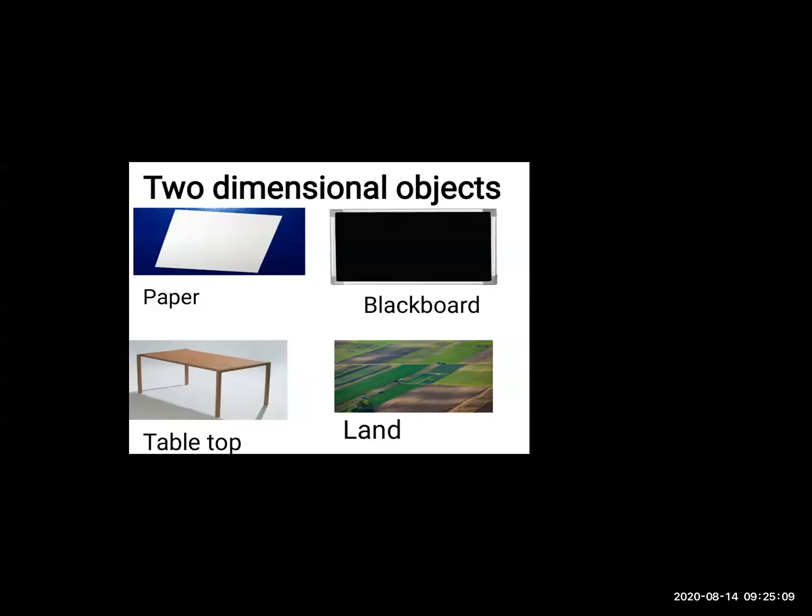So a blackboard is also an example of a two-dimensional object. Next, here is a table, but the tabletop, not the whole table, the surface of the table, is also a two-dimensional object because it has length and width. And a flat surface of land. So all these examples, the paper, blackboard, tabletop, land, are examples of two-dimensional objects.